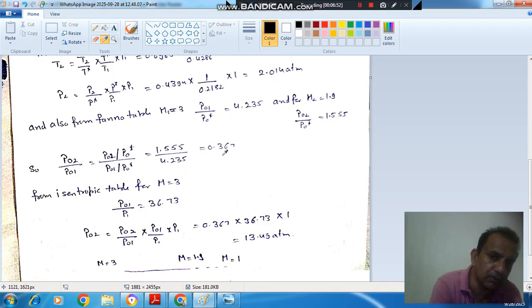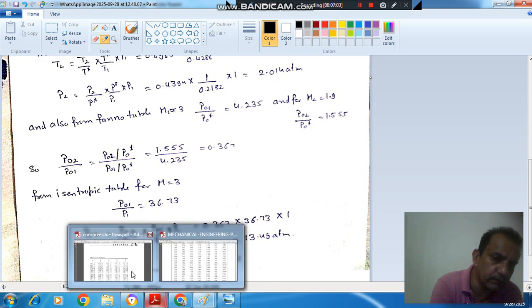So P02 by P01 comes as 0.367, and from the isentropic table corresponding to M equal to 3, we can see the value of P01 by P1.